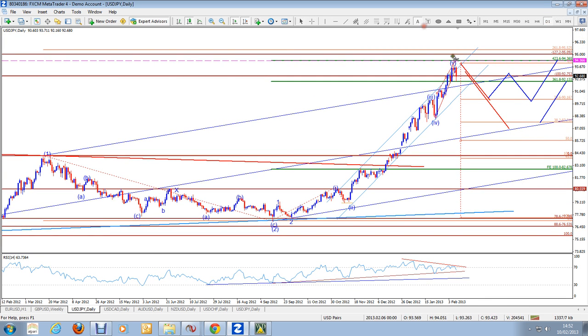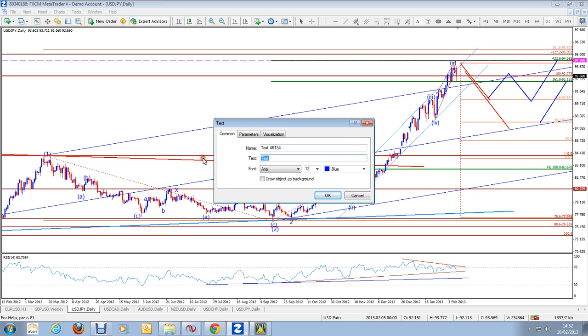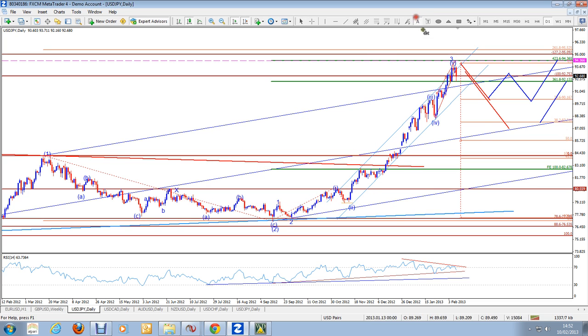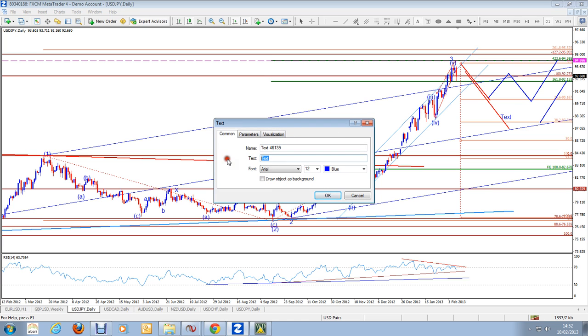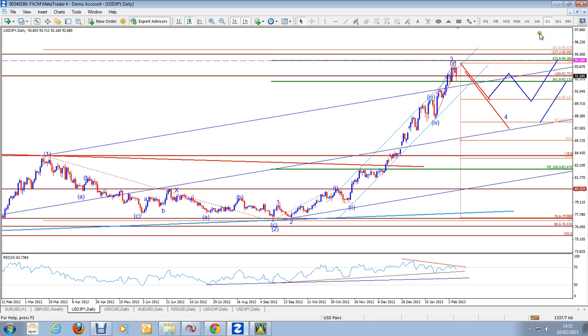So this wave will be 3, and then we're expecting this current retracement to be 4, wherever that happens to be, whether it comes to 90 or 88, wave 4, and then I'm expecting another leg up which will complete a wave 5.